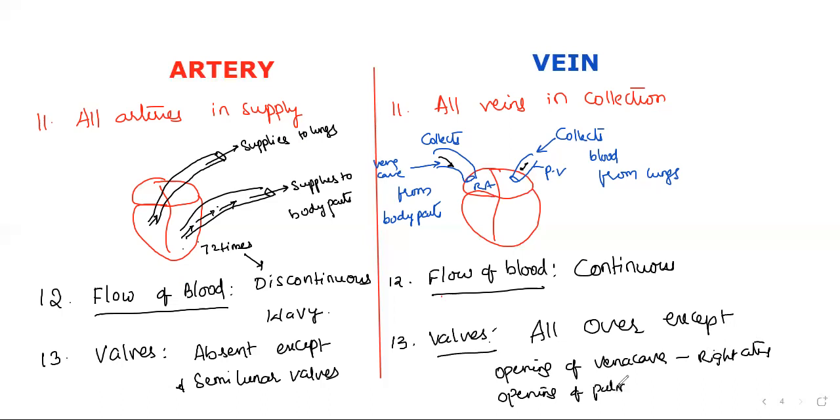They don't have valves, isn't it? All over the body they have valves, excepting that area. Valves are present all over, otherwise you'll be confused. So think like this, you will get more differences between the arteries and veins.